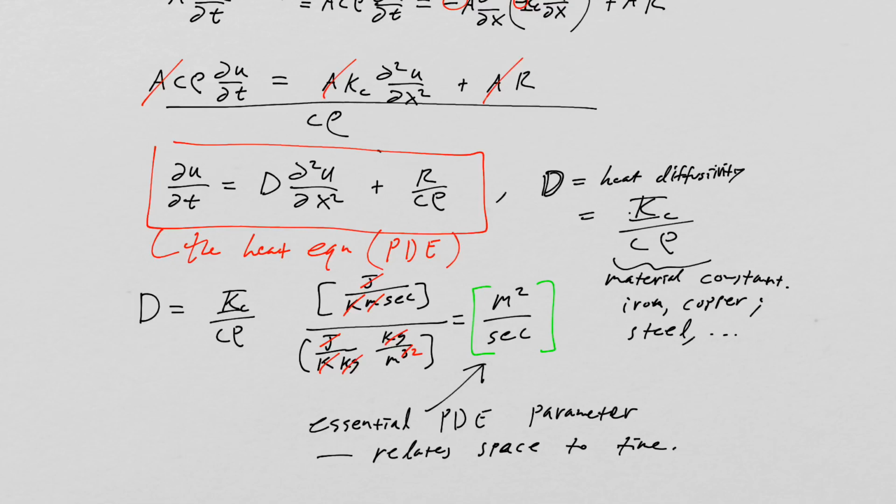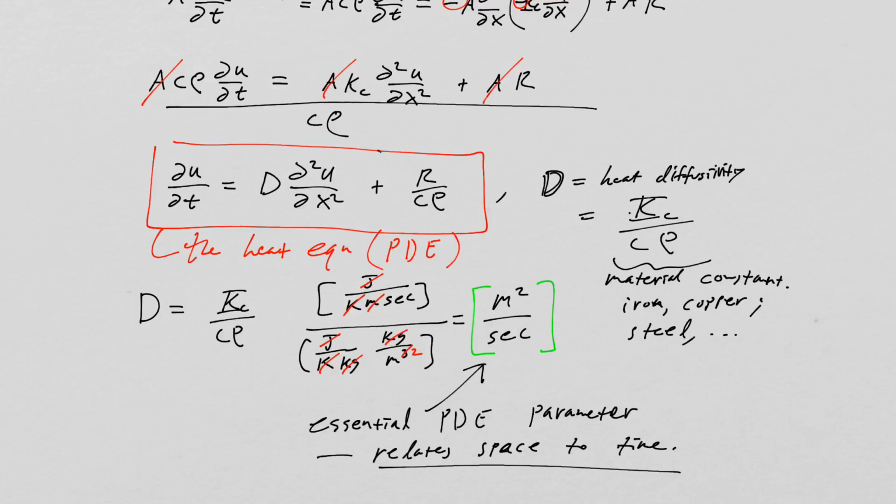And it does so in meters squared per second. Okay. So again, a material that has a higher heat diffusivity, heat spreads quicker through the material than a material with a low heat diffusivity. Okay, so that's how we derive this PDE.